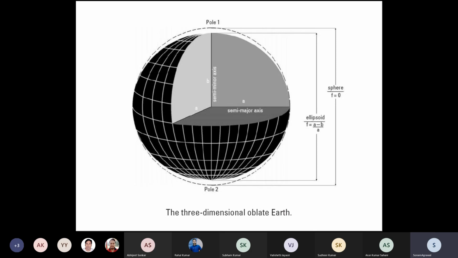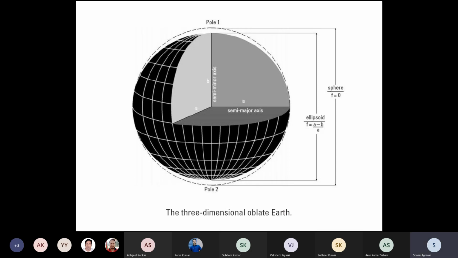Okay, so there are total 6 parameters that are used to define the shape of the Earth. The semi-major axis is the equatorial radius, and it is defined as the half of the major axis. The semi-minor axis is the polar radius. So listen to these terms carefully: polar radius and equatorial radius. The semi-minor axis is the polar radius and is defined as the half of the minor axis.